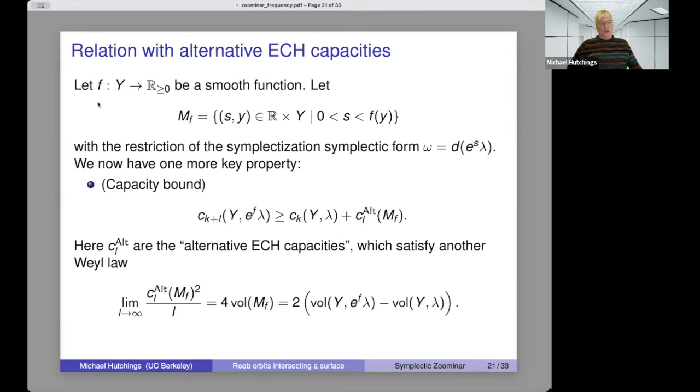So let's consider changing the contact form by multiplying it by e to the f, where f is a non-negative function. And then M_f, this is a 4-dimensional region in the symplectization of (Y, lambda), where you're in between sort of 0 cross Y and the graph of f.